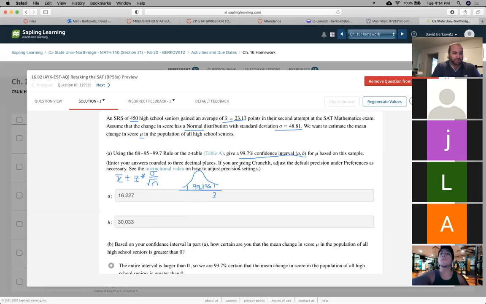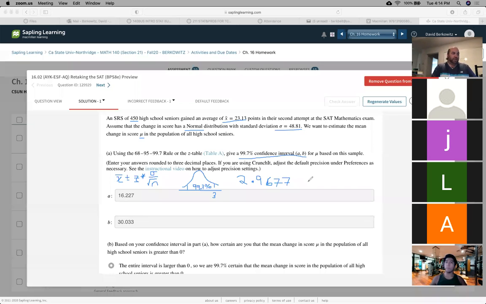So again, it's not 0.97, it's 0.997, 99.7%. My calculator actually gives me a Z star value of 2.9677... So it's about 3.